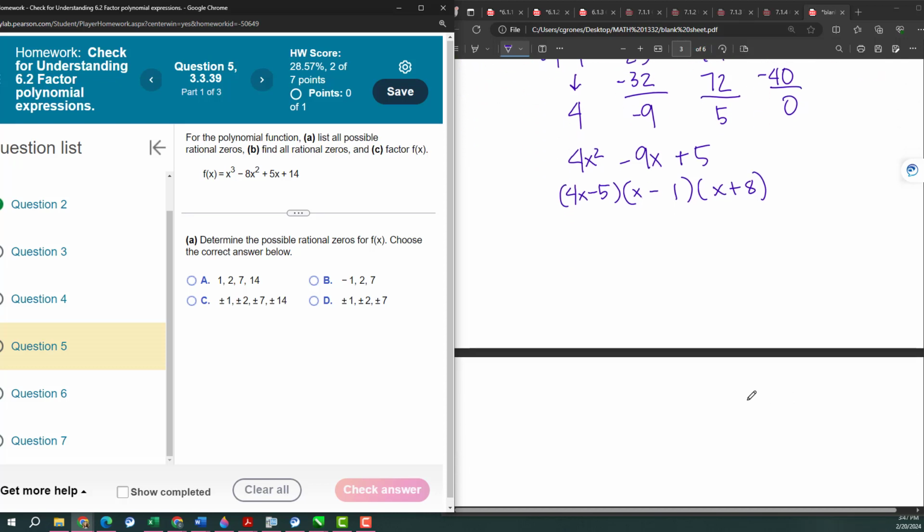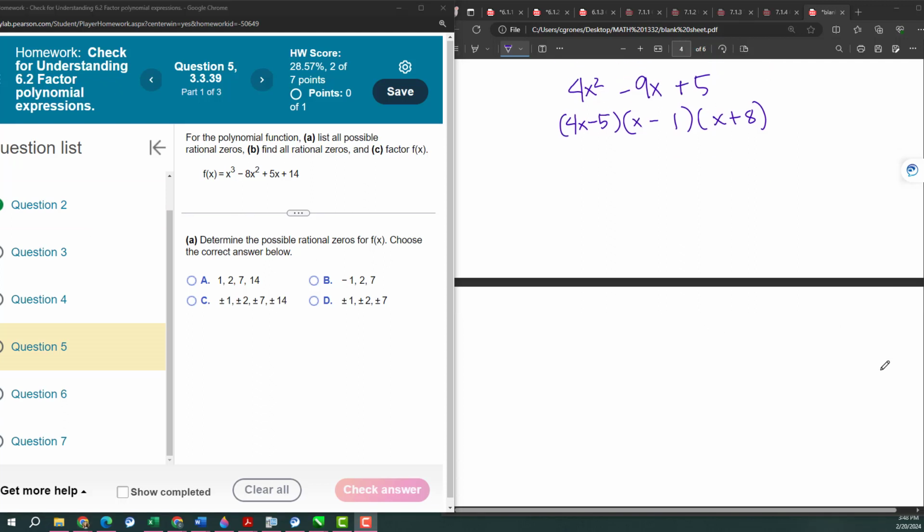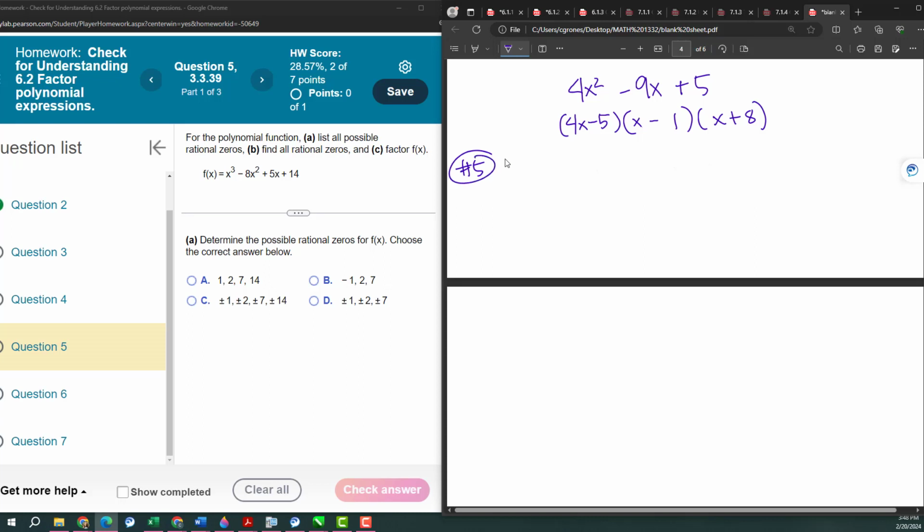It says to find the polynomial function, list all possible rational zeros, find all rational zeros, and factor. All right, so number 5, I have that f of x equals x cubed minus 8x squared plus 5x plus 14.